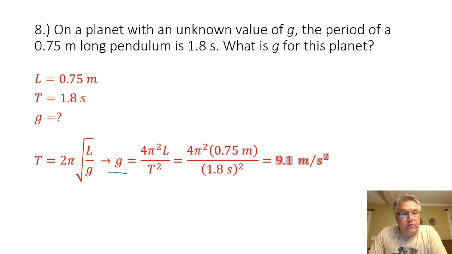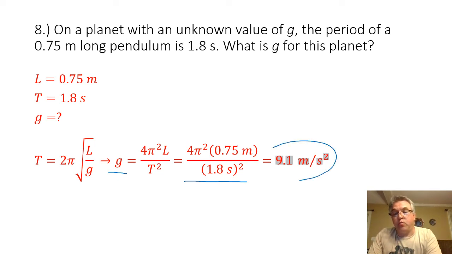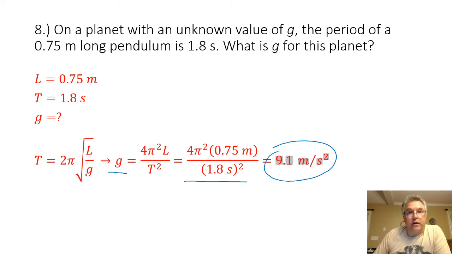And when I do that, I will have g equals 4 pi squared times the length divided by T squared. Plug in my known values to that equation, and I am going to get a value of g, or gravitational acceleration, of 9.1 meters per second squared.